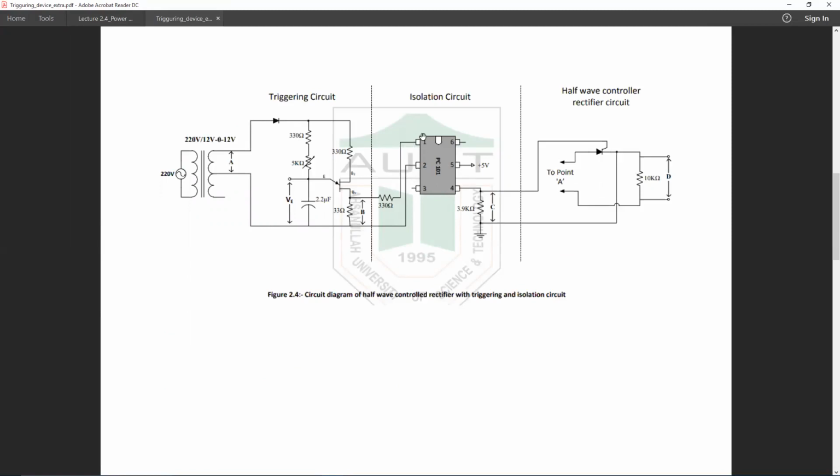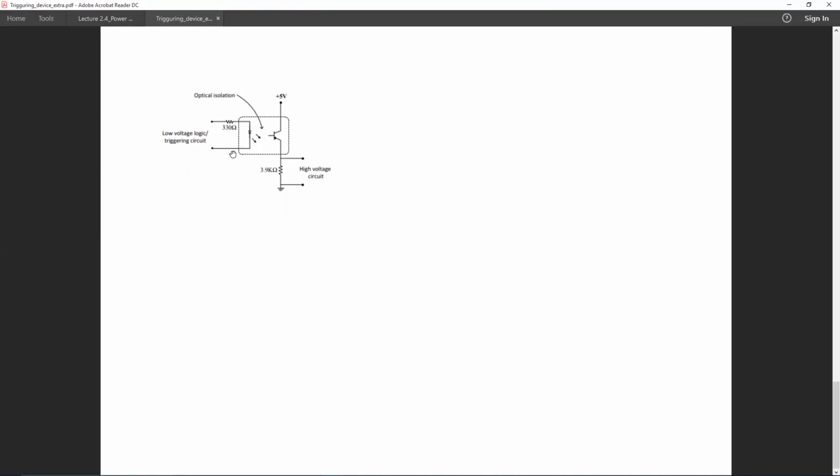So these terminals and these terminals are the input and output terminals. So these are completely isolated. Just the information or the duration and the delay of the pulse is transmitted by this LED. An infrared LED is used in these cases. So this is optical isolation.